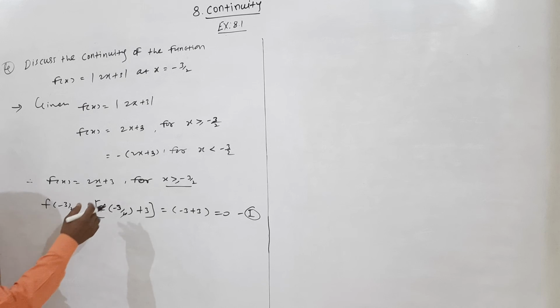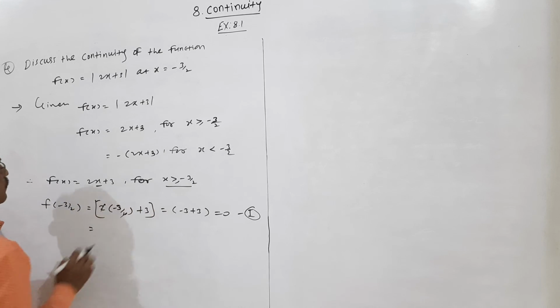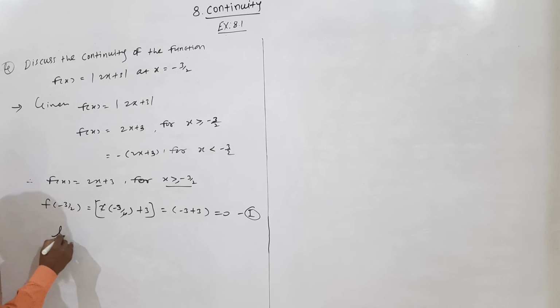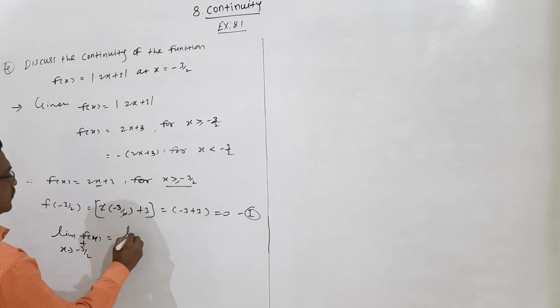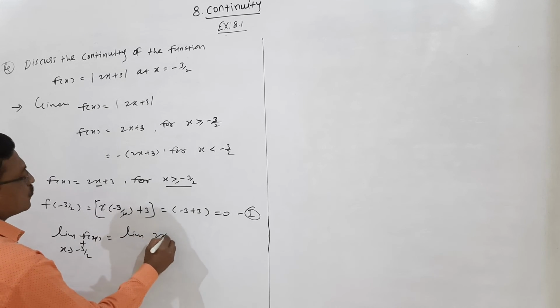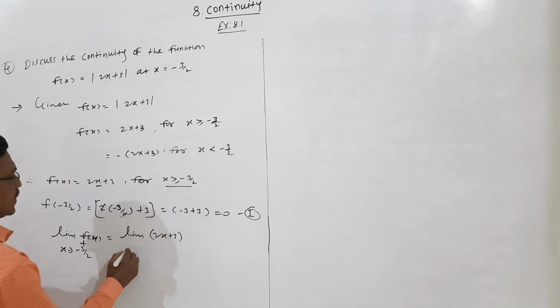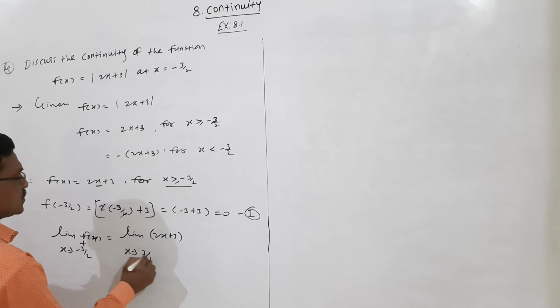Now we find the right hand side limit. Limit of f of x as x tends to minus 3 by 2 plus, that is limit of 2x plus 3 as x tends to minus 3 by 2 plus.